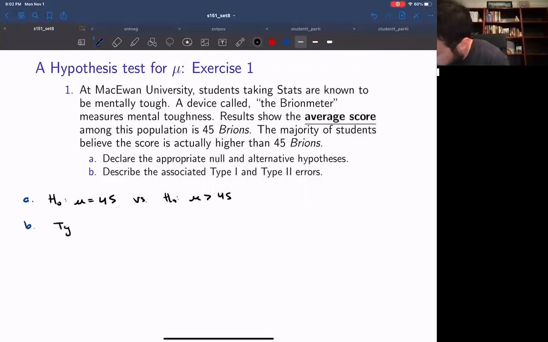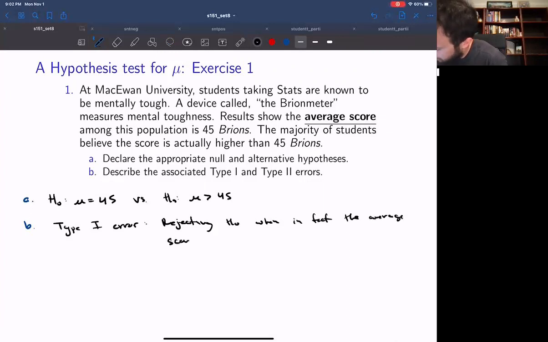So the type 1 error would be rejecting H0 when in fact the average score of the population is 45 Bryons.